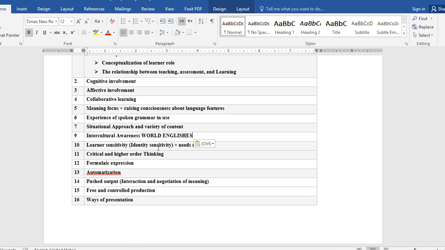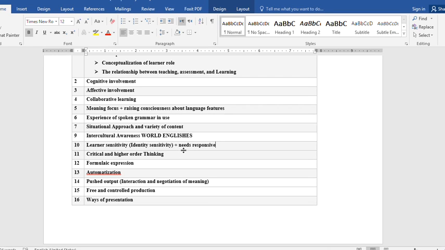Learner sensitivity, or learner needs and purposes. So the textbook should be needs responsive. The textbook should be sensitive to learners, to the identity of learners. Sometimes learners are ladies, learners are gentlemen.